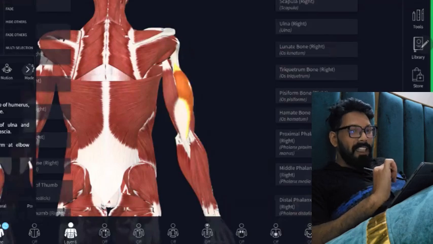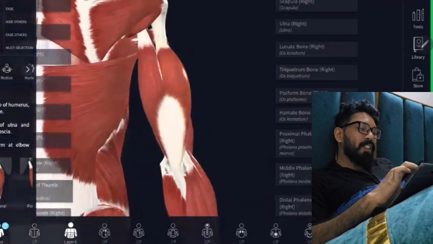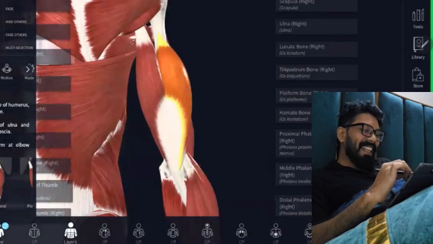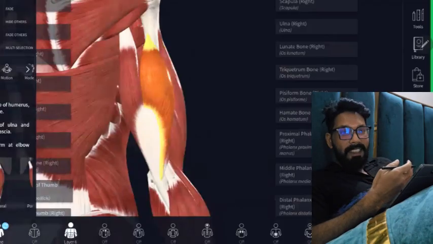He said, "Triceps brachii." Oh my god, we were so overwhelmed. Triceps brachii? Wow, that's a beautiful name to give. But anatomists gave this name a long time ago, so we cannot change it.